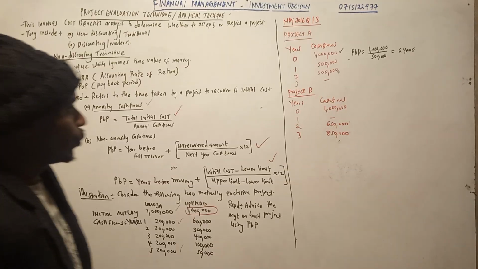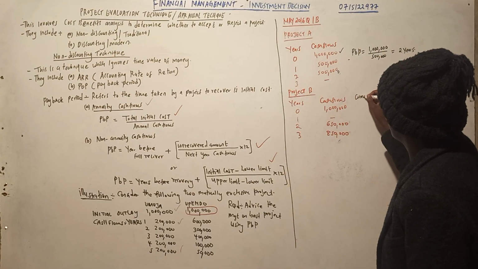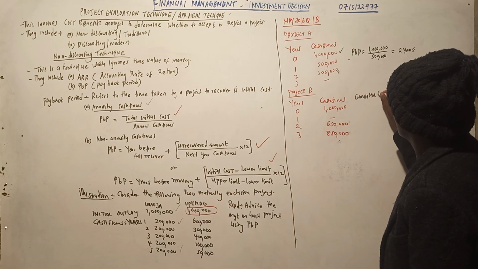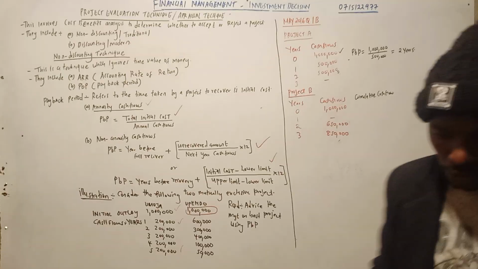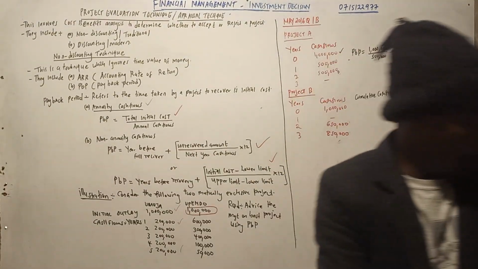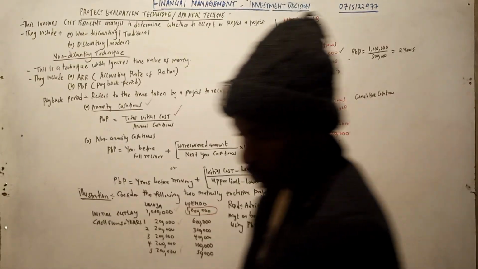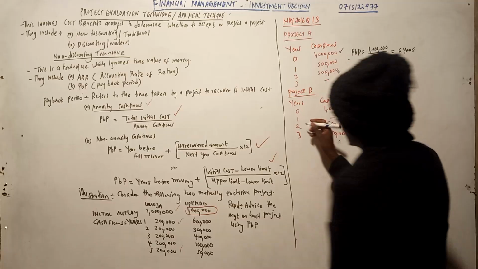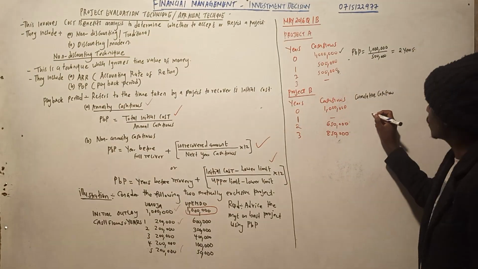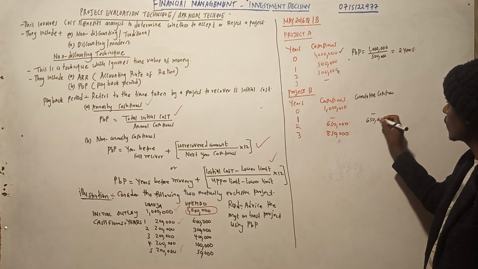Now in this case, we need to come up with a cumulative cash flow. Without being told, you come up with a cumulative because the cash flows are not the same. So let us come up with a cumulative cash flow. At year 1 it is a dash, year 2 dash plus this becomes 650,000.